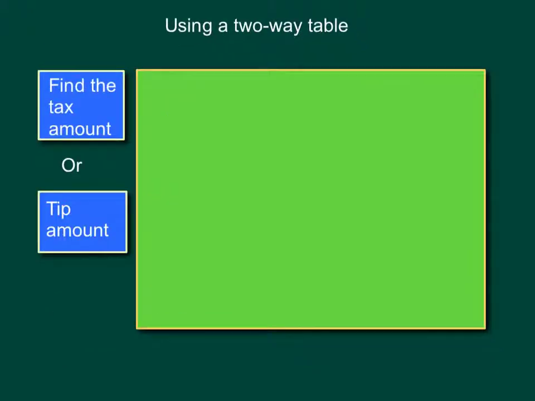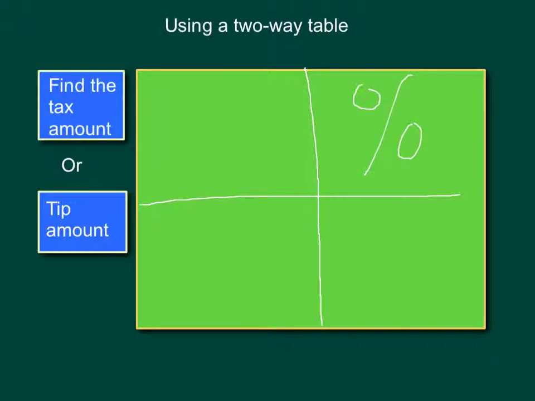You can use that two-way table also if you're asked to find a tax amount or a tip amount. So it looks just like that. And again, you put whatever the percentage is up in the top right-hand side over 100, because the percentage essentially is out of 100. And then you put your variable T for tip or T for tax up in the left-hand side.